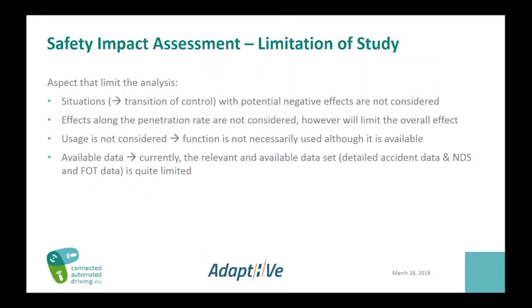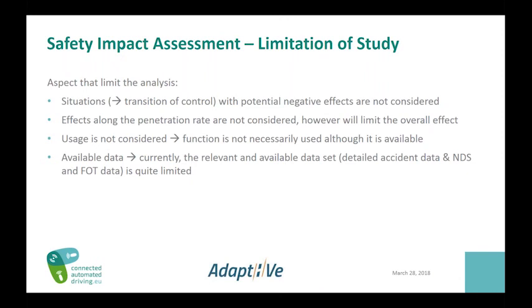On the next slide, of course, we also have to talk about some limitations of this study. There's, especially for level 3 systems, transition of control, which might cause negative effects. So we didn't study these in much detail. Then we have effects along with the penetration rate. So meaning if we have a very high penetration rate, maybe most of the vehicles are automated, these can cause different effects.